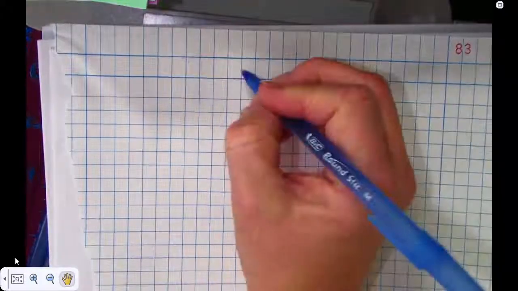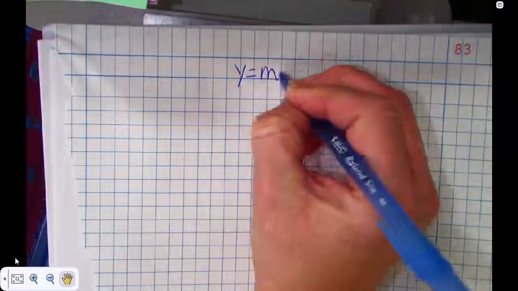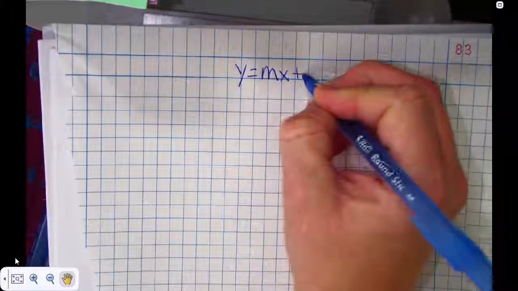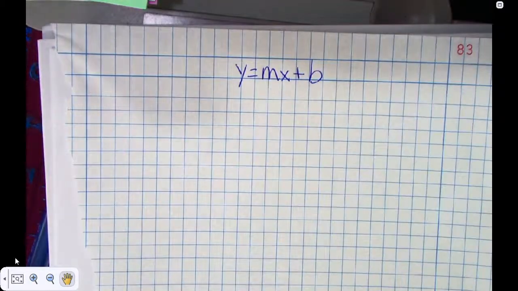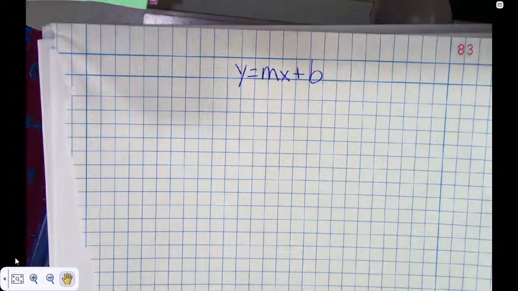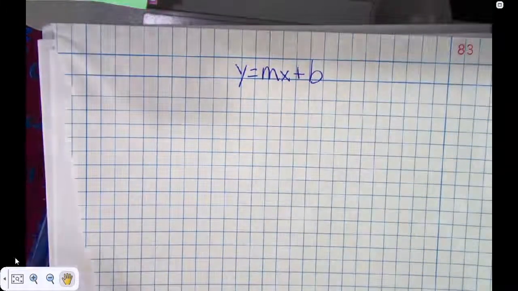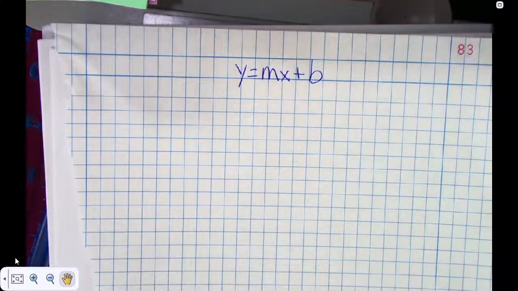But I want you to write at the top of your board and leave it there until we turn it over: y equals mx plus b. Write it at the very, very top.